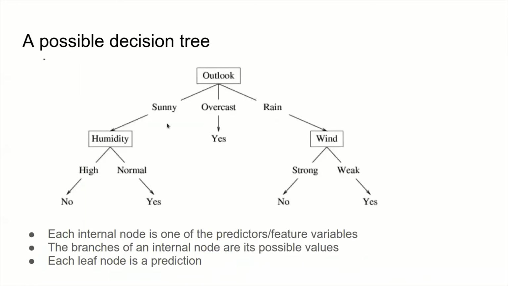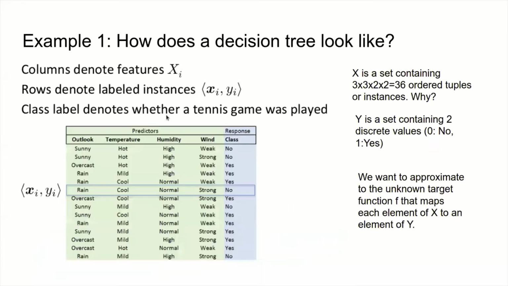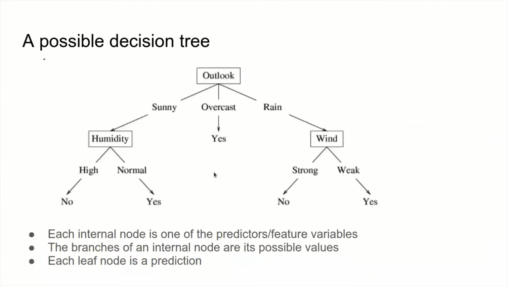We've seen that outlook can have sunny, overcast, or rain as possible values because they're categorical. Remember, we're working with categorical data. Then we've got wind and we've got humidity. Please notice that the branches of this internal node are just its possible values. And each leaf node is a prediction.